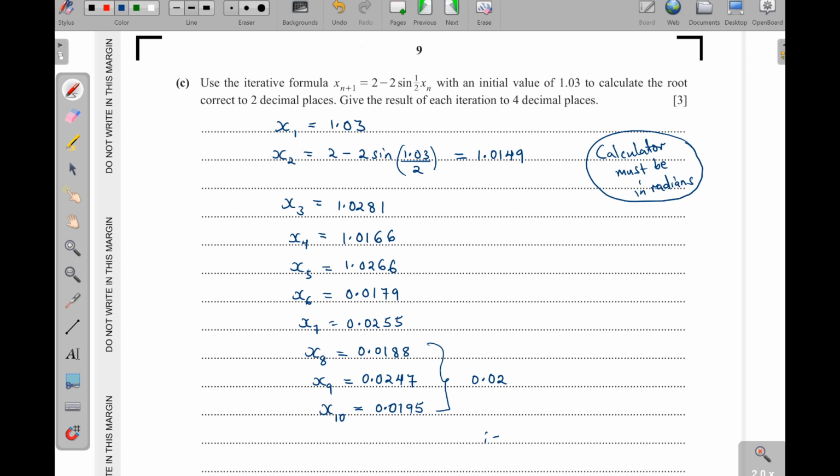So therefore, the root x is equal to, pardon me, all of these have been 1 point something. So the root is 1.02 to two decimal places, and that is that.